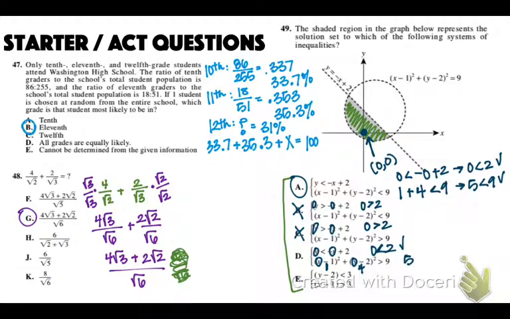So that's saying 5 is greater than 9. That is not true. And then this last one, I would plug in 0, so I get negative 2 is less than 3, which is true. But if I plug in 0 here, I get negative 1 is greater than 3. That is not true. So then the answer here must be A. Okay?